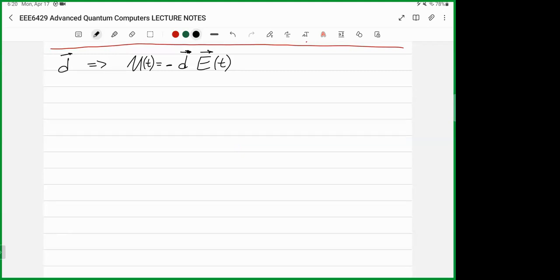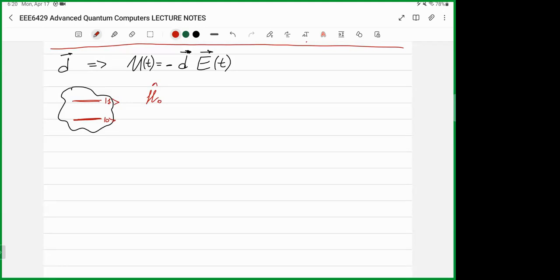Now let me consider a generic qubit. It's a system with two states. We call this state 0, and this is state 1. Without the electromagnetic field, the system has the Hamiltonian H sub-zero.